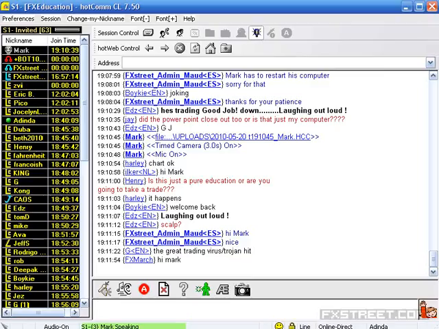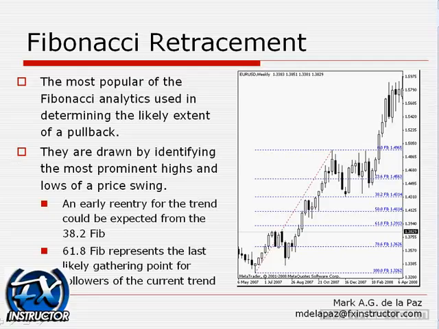All right. Let's talk about retracement analysis. Most of us who learn technical analysis probably did retracement analysis as our first Fibonacci application.